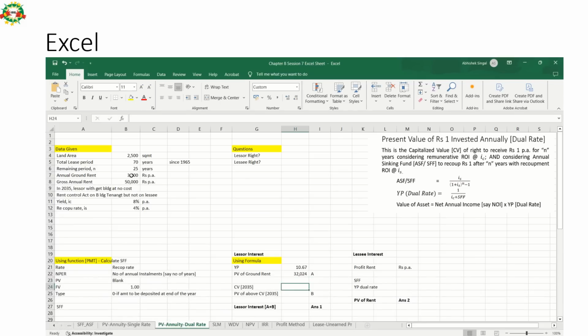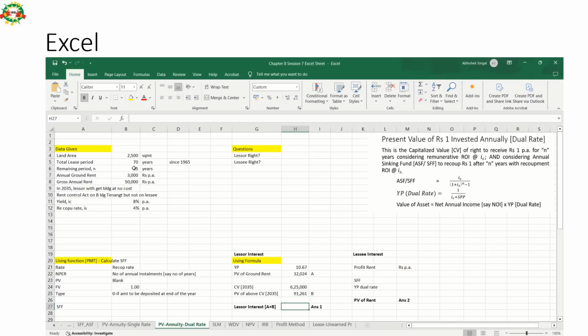And then the capitalized value of rent as of 2035. So this 50,000 divided by the yield gives 6,25,000, and then the present value of the above capitalized value is equal to this divided by 1 plus yield raised to power 25.